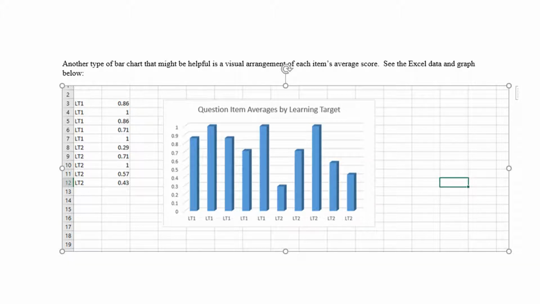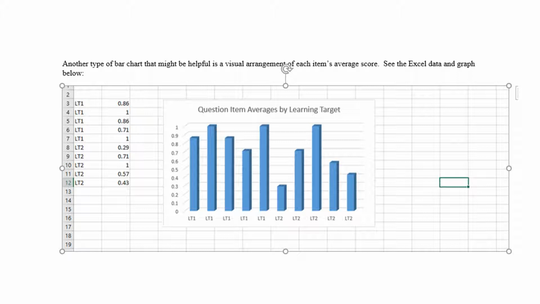Another type of bar chart that might be helpful is a visual arrangement of each item's score. So here, instead of putting in the students' names and the scores, you're putting in the average item score. So that row that runs across the bottom, that row of numbers.